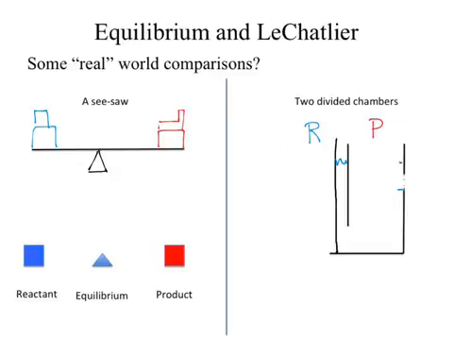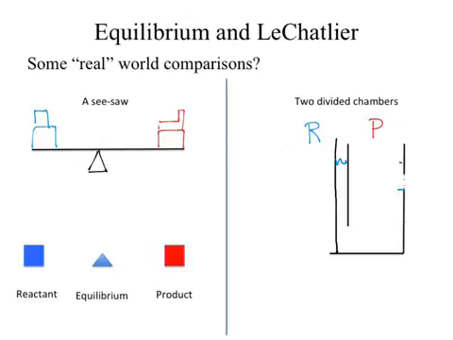So if I add product to it, how do I increase the reactant? I need to take away that product and turn it into a reactant. That's what the reaction is doing. In this example, what's the concentration of reactant and product at equilibrium? The same. I have to have the exact same amount on both sides, because where's equilibrium? Established right in the middle.